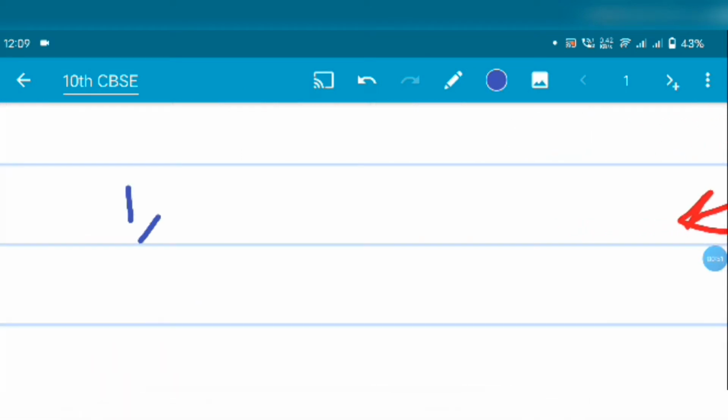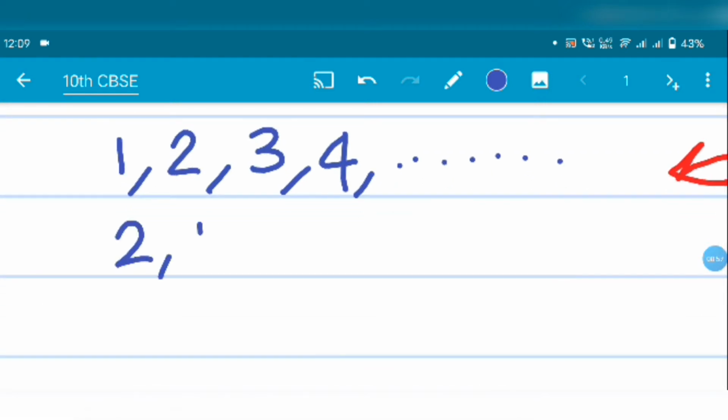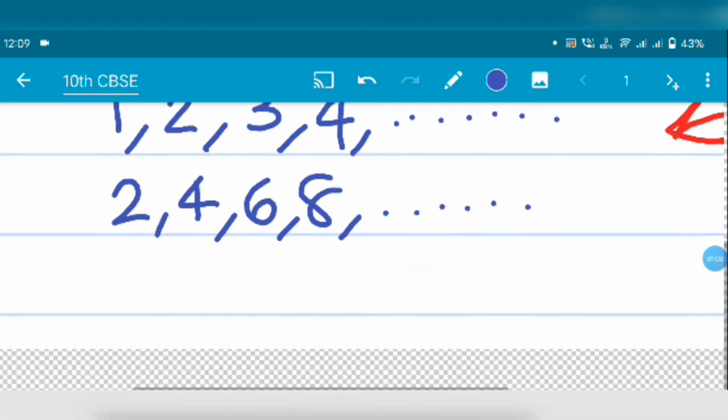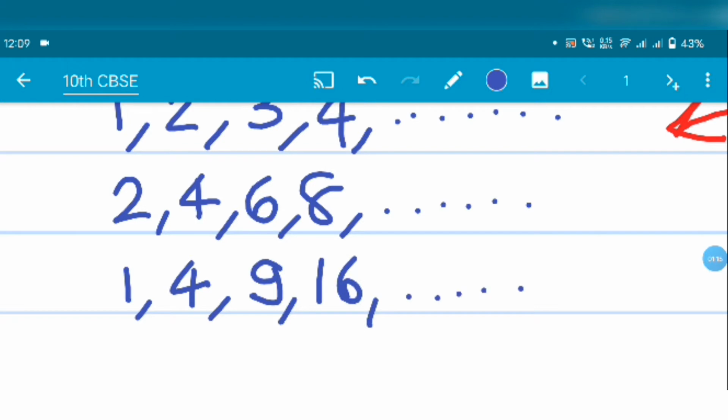Let's say I'm writing 1, 2, 3, 4 and so on. If I write 2, 4, 6, 8 and so on. Or let's say I'm writing 1, 4, 9, 16 and so on.